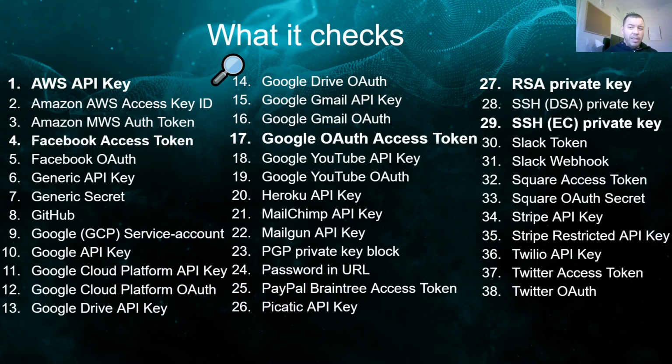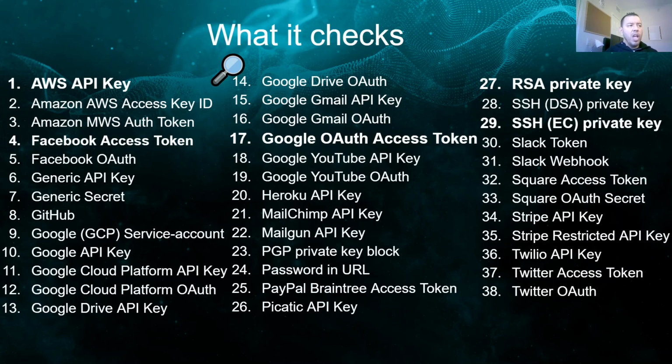So what is it that this tool checks for as far as the type of credentials? As you can see, out of the box, and if you manage to add regexes for other types of credentials, you can add more than what you see here. What you see here is basically around 38 types of credentials.